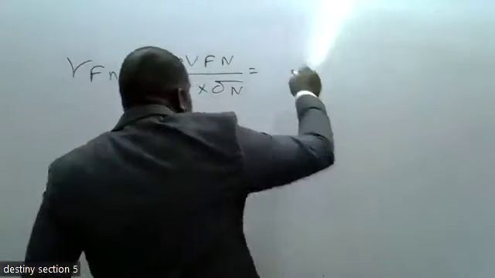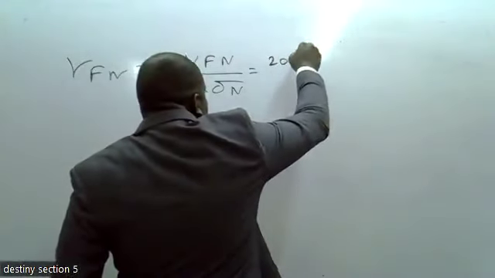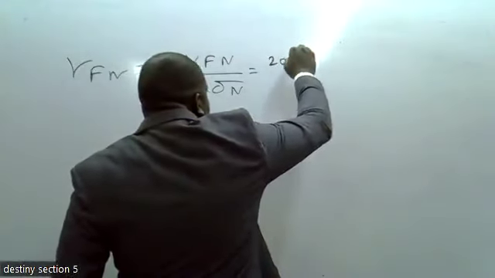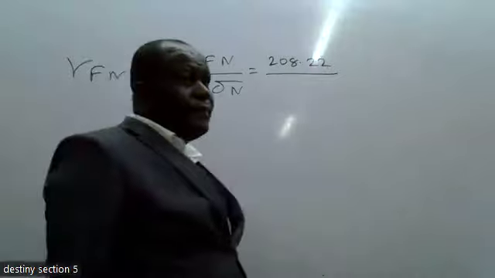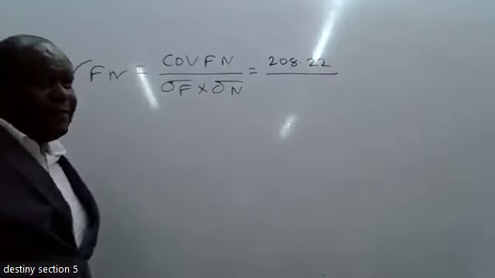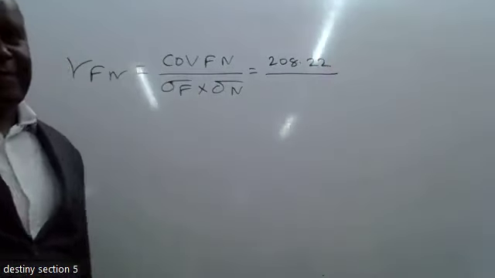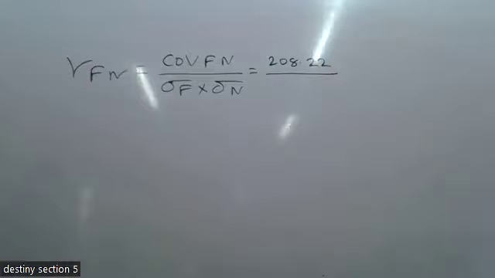So the covariance, you said, was 208.22. Then what is the standard deviation for F? When I get the square root, 14.73.